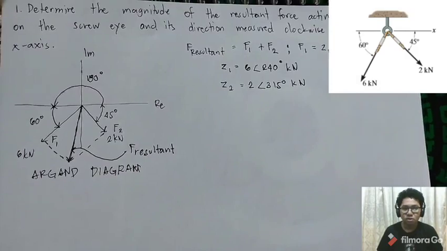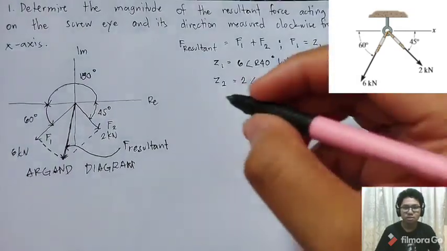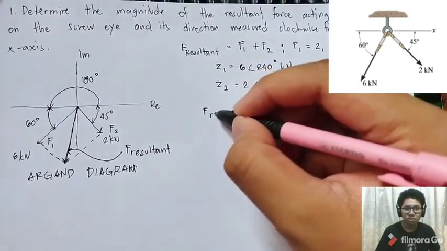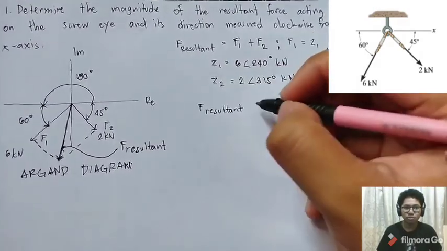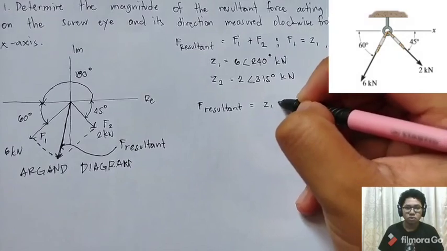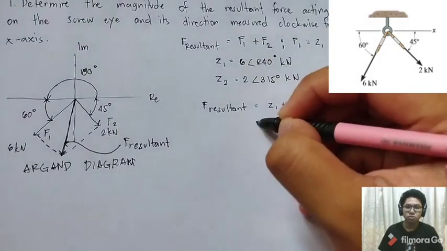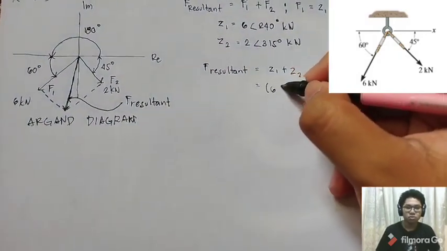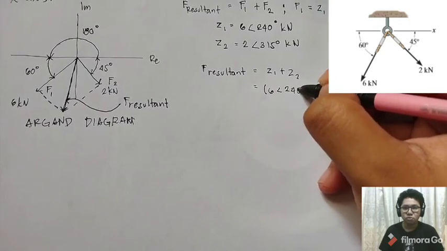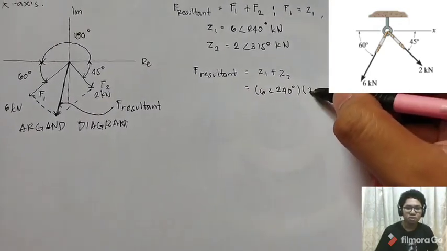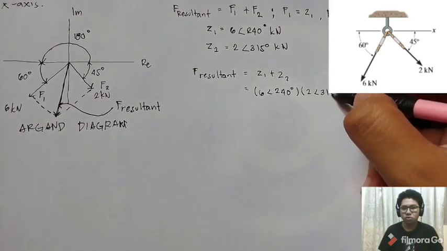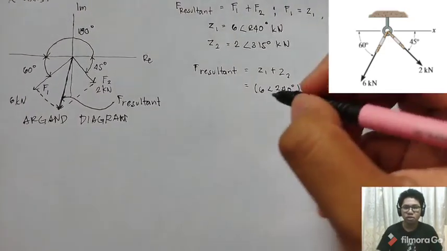So now we can easily add the two complex numbers to get the resultant force. That is Z1 plus Z2 equal to 6 angle of 240 degrees plus 2 angle of 315 degrees.